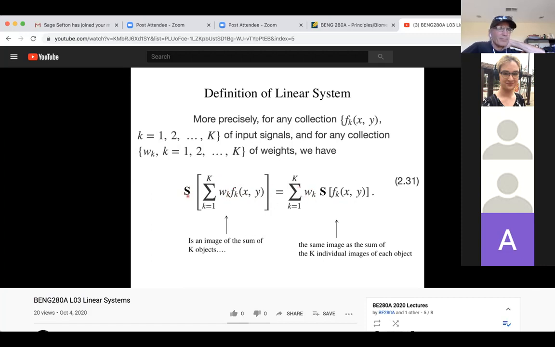If you add everything up and put it through your system, it's exactly the same as putting everything through your system and then adding up the results. That's the definition for us of a linear system.